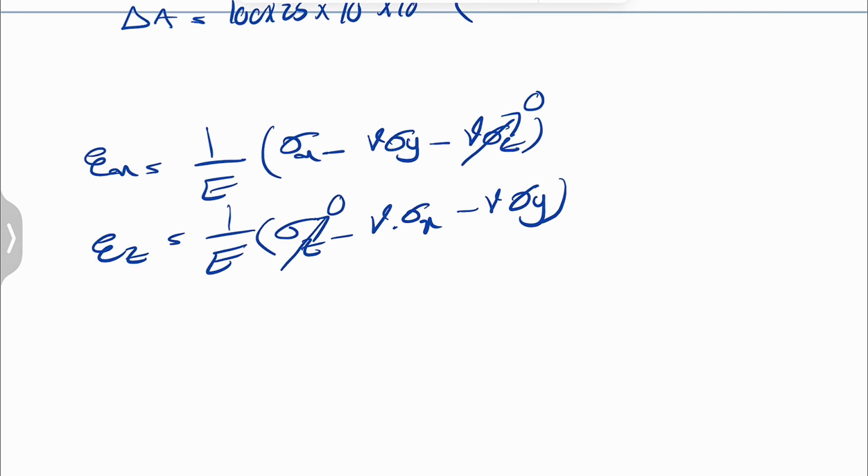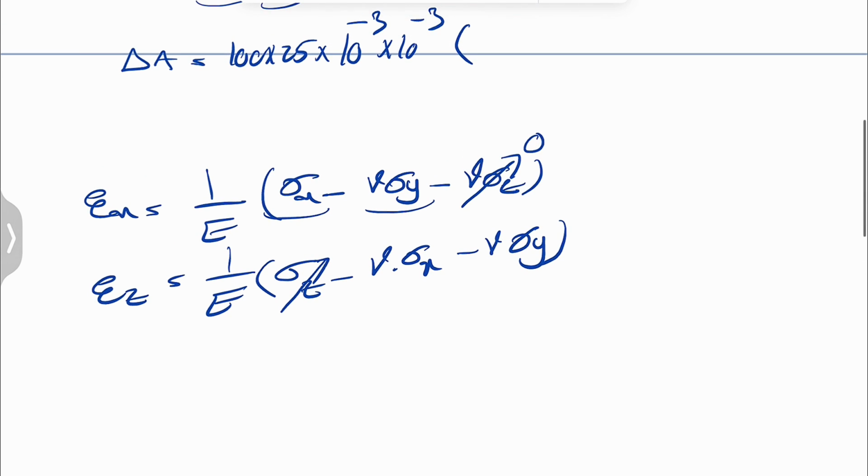Here we have this one 0. Everything's given now. We have sigma y from the previous part. Sigma x is also known, and we should be able to find each of these. I'm just going to put the final answer here just to save on some time.